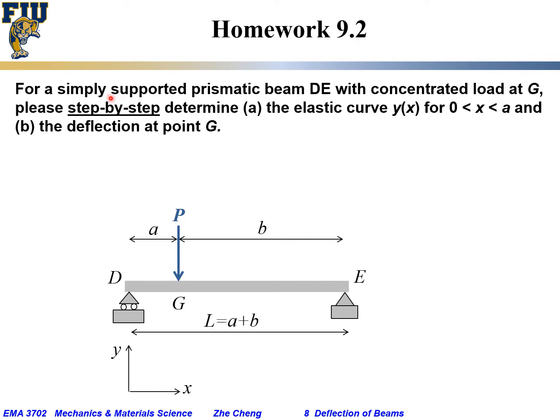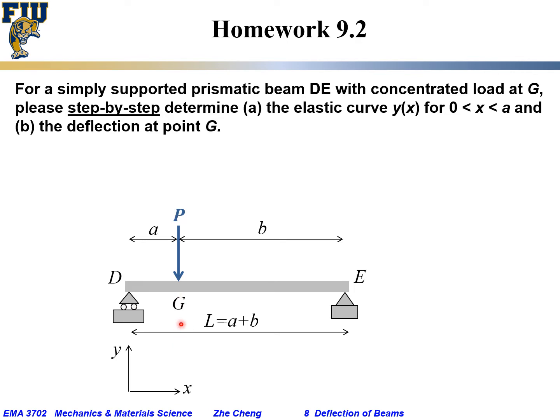Okay, we want you to determine, step by step, which means give the derivation process, the elastic curve y of x. X is the horizontal location, y means the vertical up and down deflection for the left side from 0 to A, and the net deflection at point G where we have the concentrated load.